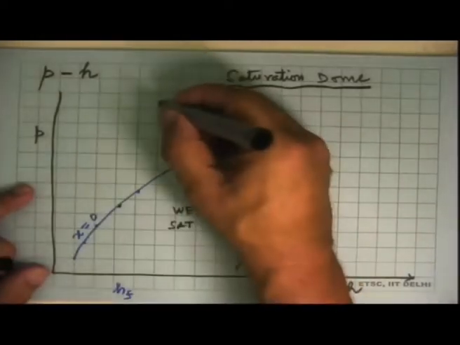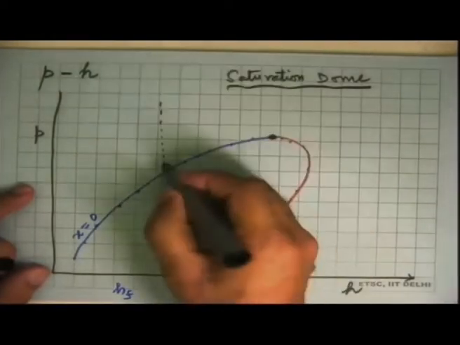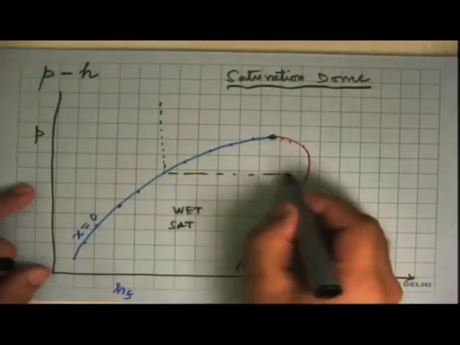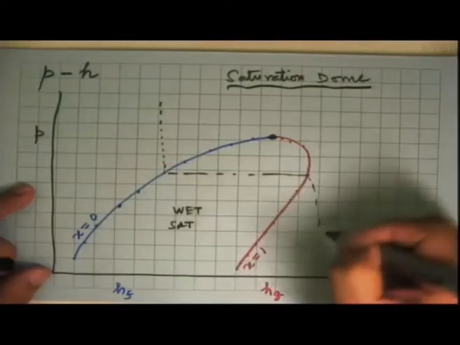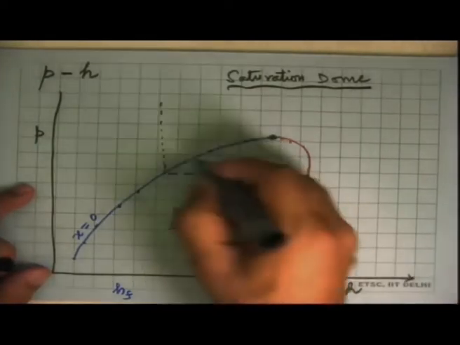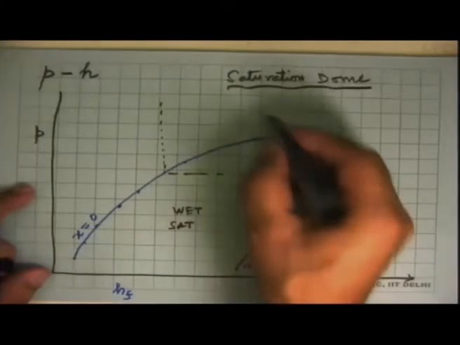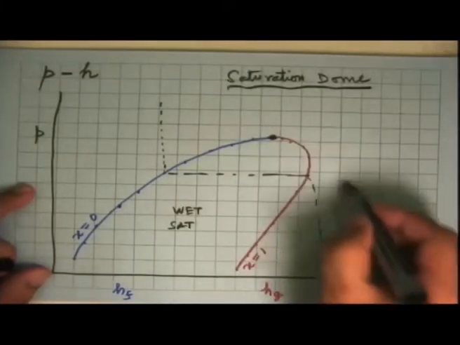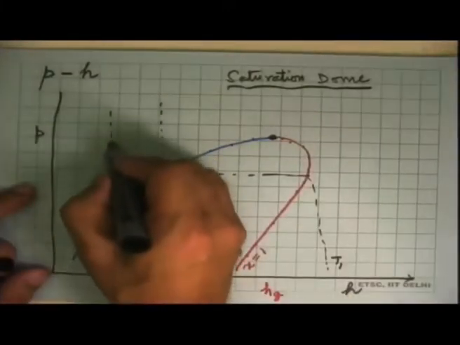Constant temperature lines will go something like this, then they will continue like this, and then start going down there. So this is T1, and like that there will be a similar line T2, and then the critical isotherm will be a line T3. So this is what one sees.